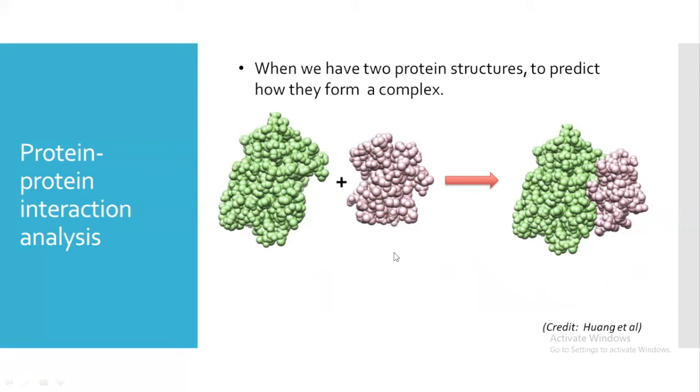There are so many proteins present in the body, and they are very densely packed inside the cells. There are many protein complexes. Only when they bind to one another does the entire pathway get activated.